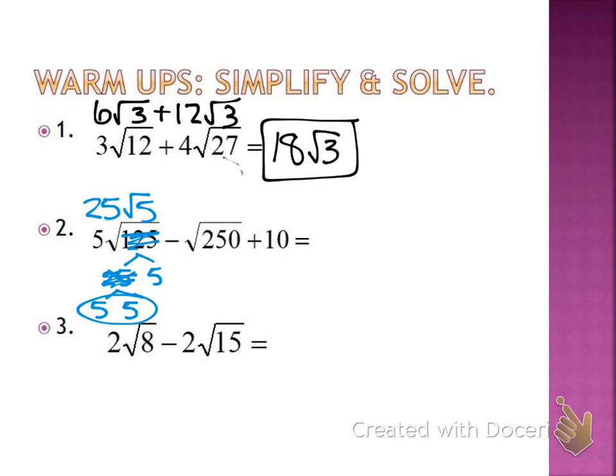All right, we have to break down 250. 10 times what? 10 times 25? All right. 25 breaks into 5 and 5. We know we get a pair out of that. Are we going to get another pair out of the 10?